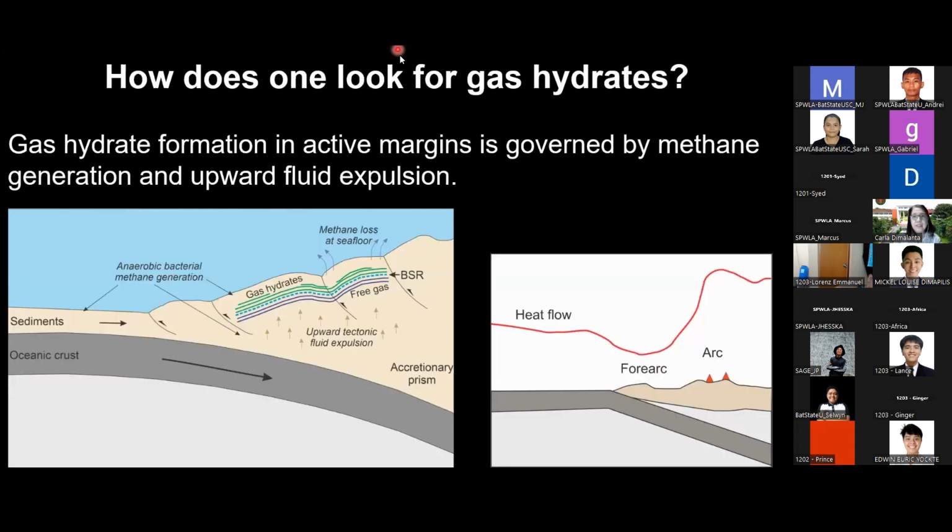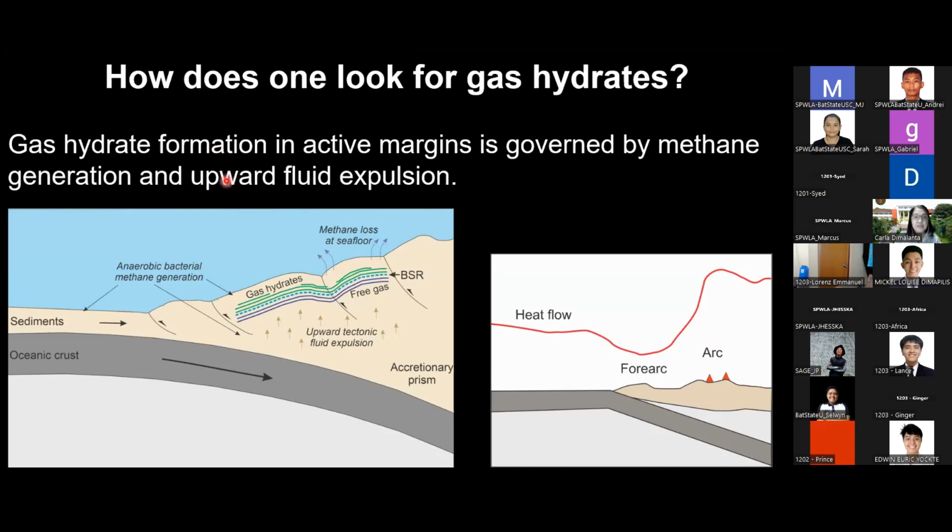So again, how does one look for gas hydrates? We know that gas hydrate formation is prolific within active margins. These areas, active margins, meaning where you have subduction zones or where you have two plates colliding with each other. So this is what we call an active margin.